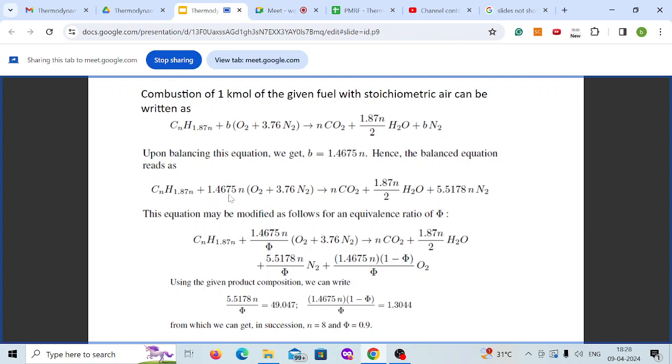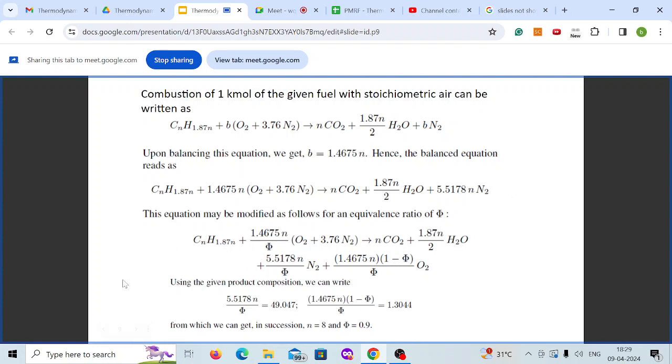We are dividing it by phi, because you have an excess amount of air. Phi is the equivalence ratio. The equivalence ratio is nothing but the stoichiometric air-fuel ratio divided by the actual air-fuel ratio. For 1 mole of fuel, it's just the stoichiometric moles of air divided by the actual moles of air. Hence you are dividing by the equivalence ratio throughout the above equation.